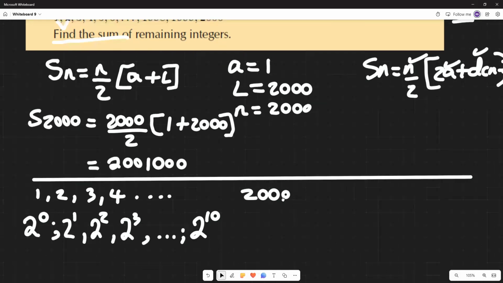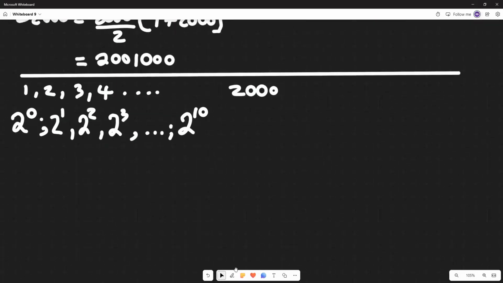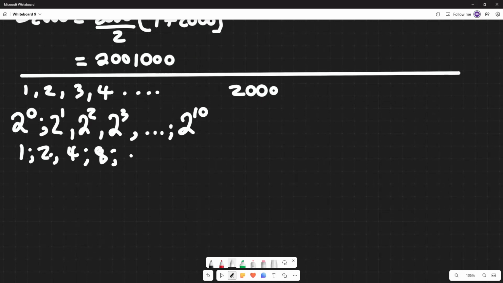All right. Now we need to find the sum of this pattern. I can simplify it: 2 to the power 0 is 1, and then this is 2, that is 4, that is 8, and so on up until 2 to the power of 10, which is 1024.